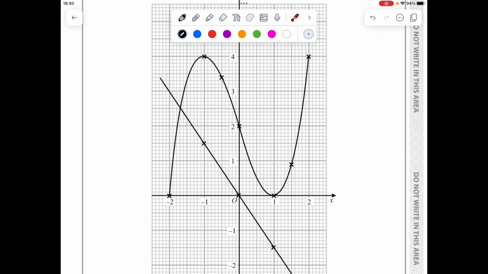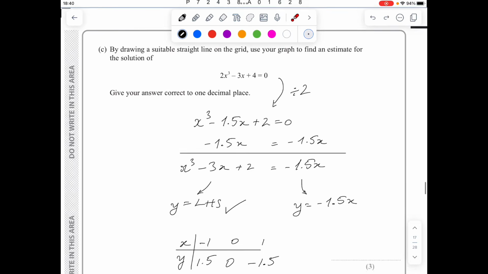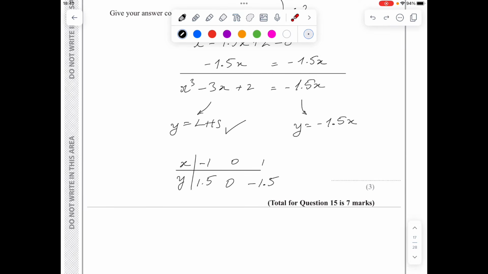As you can see, the two graphs intersect at a single point, and the x-coordinate of that point is minus 1.7. So that's my solution, minus 1.7. Note that the mark scheme accepts minus 1.6 as well.